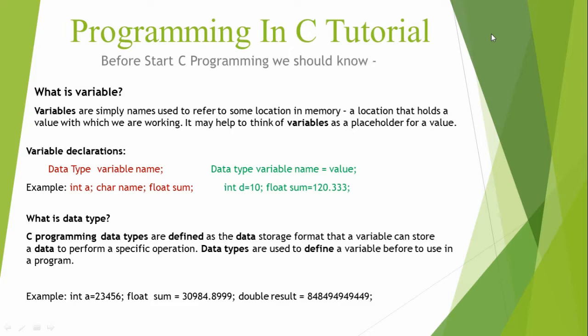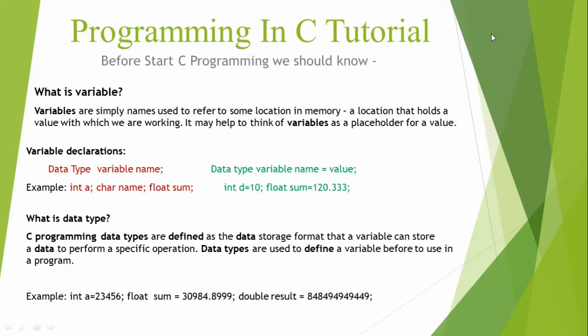Very simple. See the example, int a equal to a simple integer value. Float sum equal to a fraction value, right? Float contains the fraction value, double contains the big value. And a character contains only a single character.